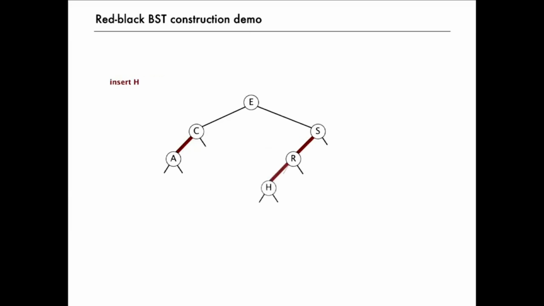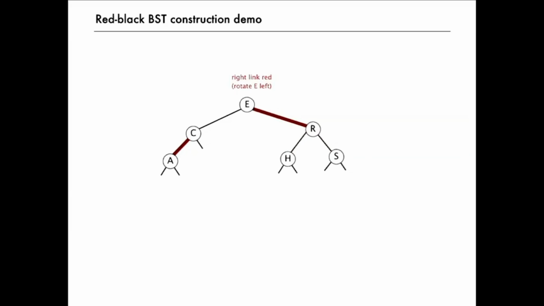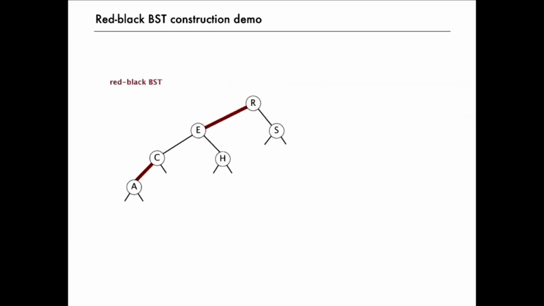We want to insert H, that goes to the left of R, 2 reds in a row, rotate the top. Rotate the top, our temporary 4 node is balanced, flip colors. Now we have a 3 node, but the red link is leaning right, so we have to rotate. And then now we have a legal red-black BST.